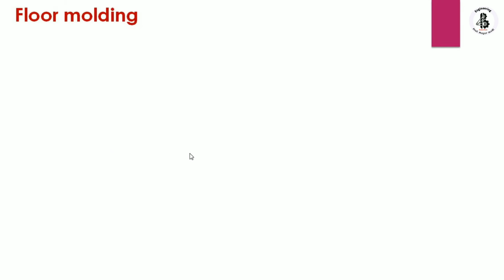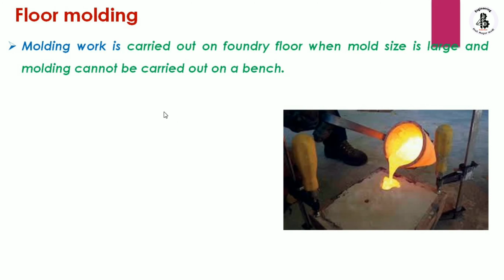Second one, the floor molding process. All the operations of the casting process, like mold making, ramming of the sand, and pouring of the molten metal, are carried out on the floor.